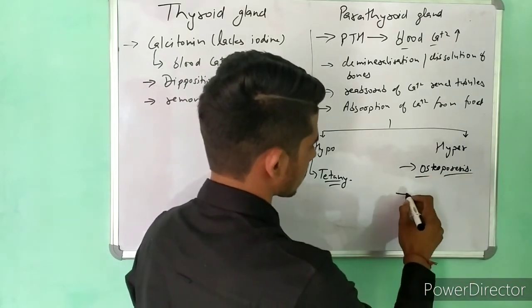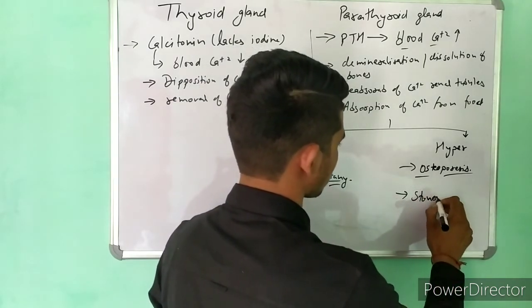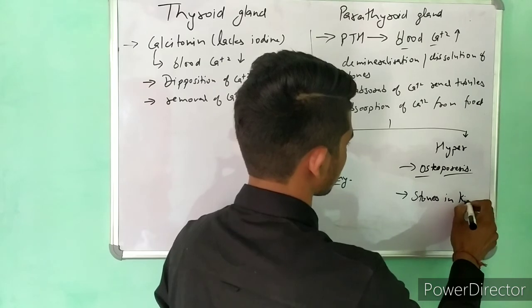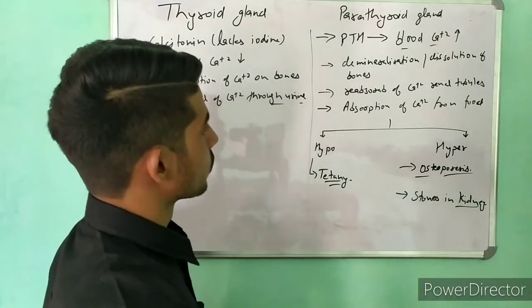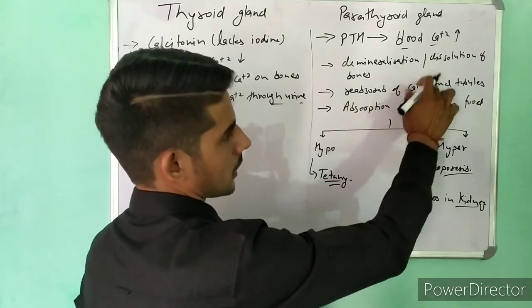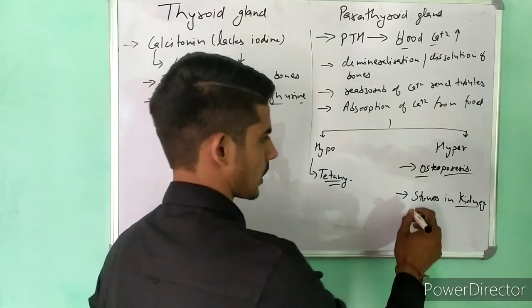And the other one is stones in the kidney. Due to more reabsorption of calcium in the renal tubules, it causes the formation of stones in the kidney.